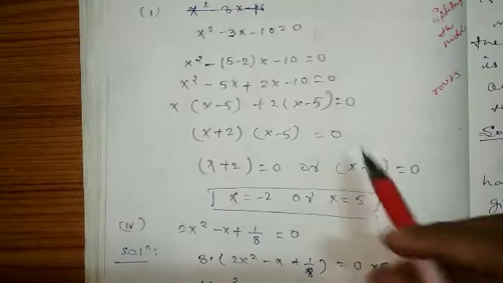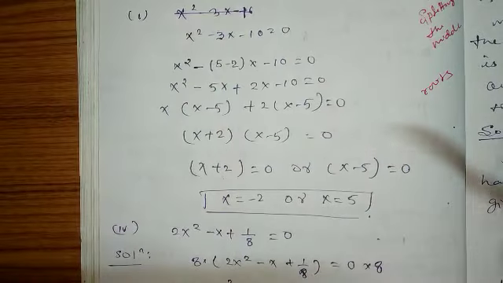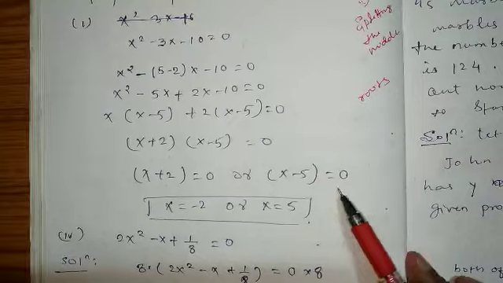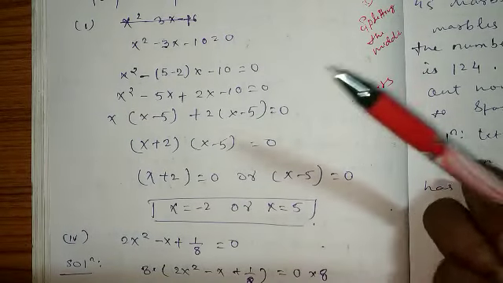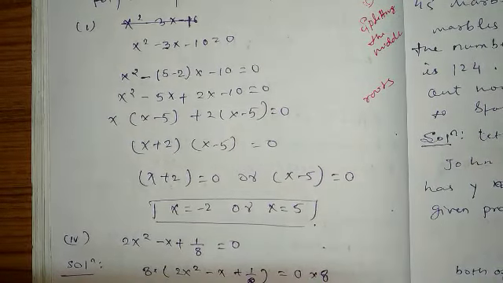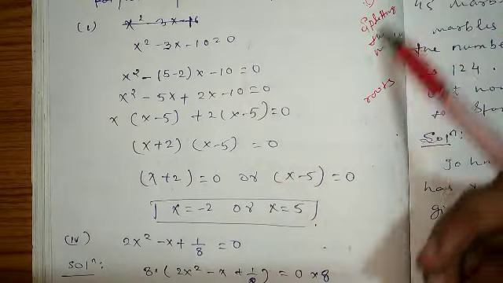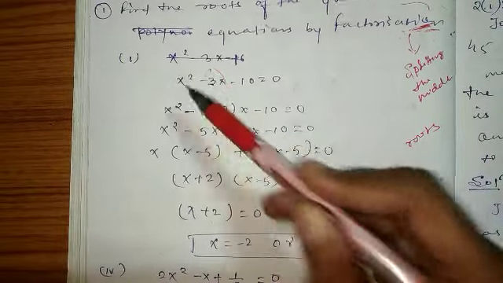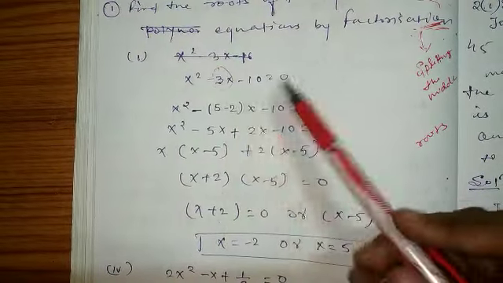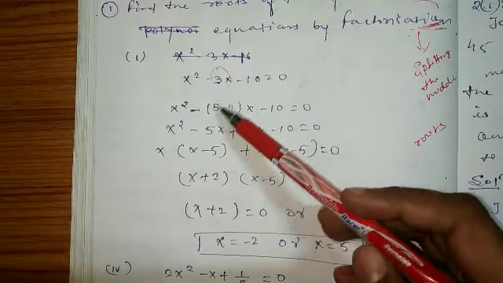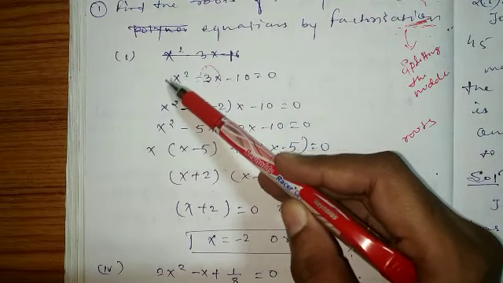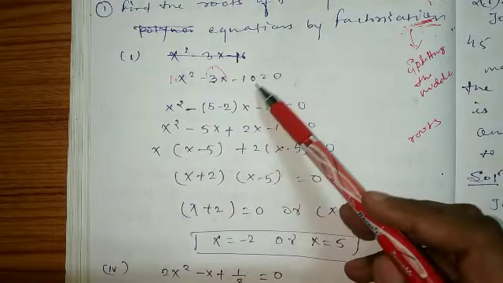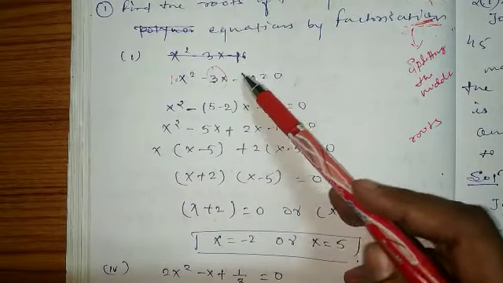For example, x square minus 3x minus 10 is equal to 0. This is a quadratic equation. Now we'll simply split the middle term, that is 3x. Here the coefficient of x square is 1, and the last term, the constant term, is minus 10.